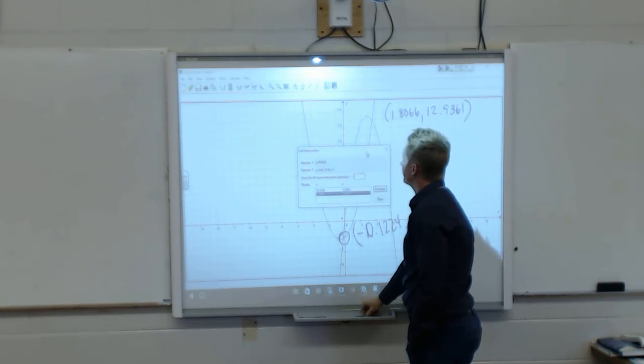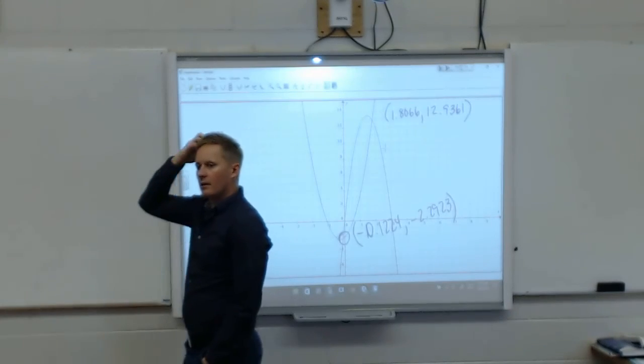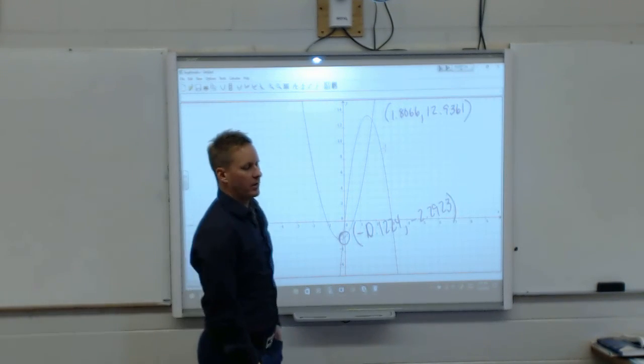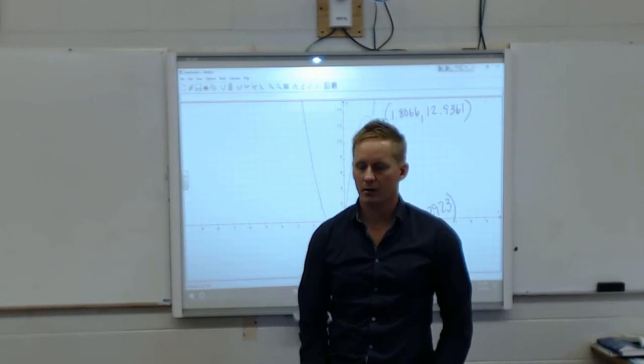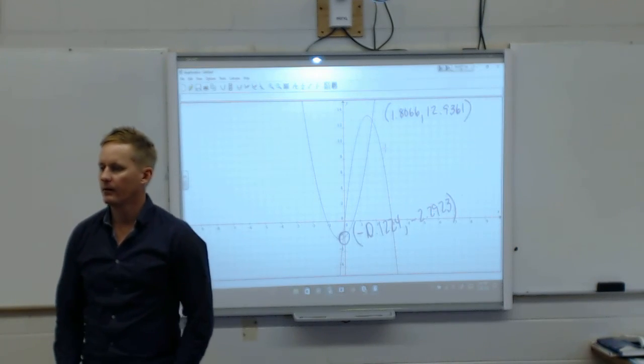Okay? There's your two intersection points. Okay? And you can graph that by putting one as y1 and one as y2 and find your intersection using your second function calculate on your calculator. All right?